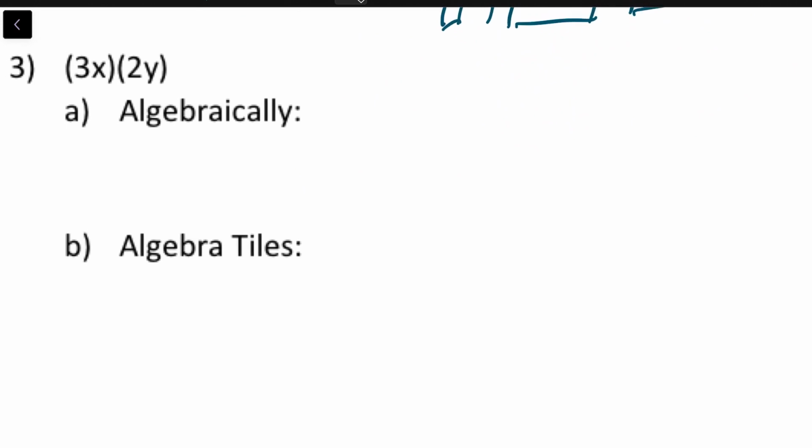So algebraically, again, I'm looking at this. I know that it's not 3x times 2x. Well, it is, but I can represent it as 3 times x times 2 times y. The 3 and the 2 are still able to multiply to each other, and so this gives me 6.